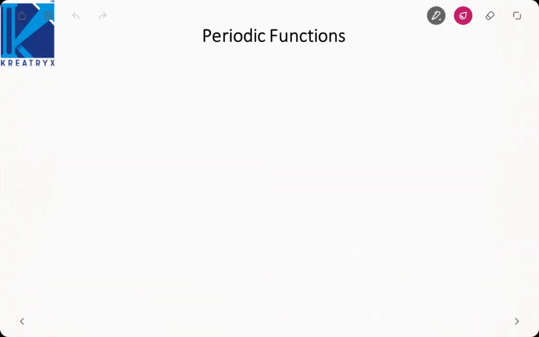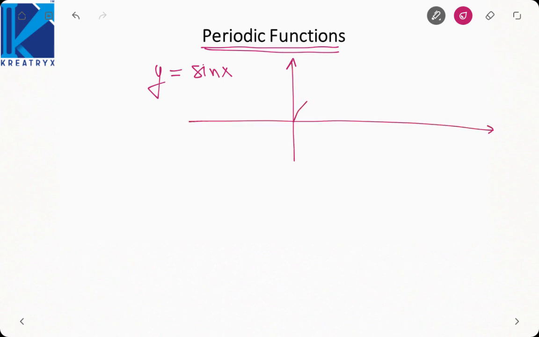The next category of functions is the periodic function. Now what is a periodic function? The function whose value keeps on repeating. How? Again, let us take an example of sin x. If you see the graph of the function, it is like this. So after this much interval, you can see the same copy of the function is repeating.